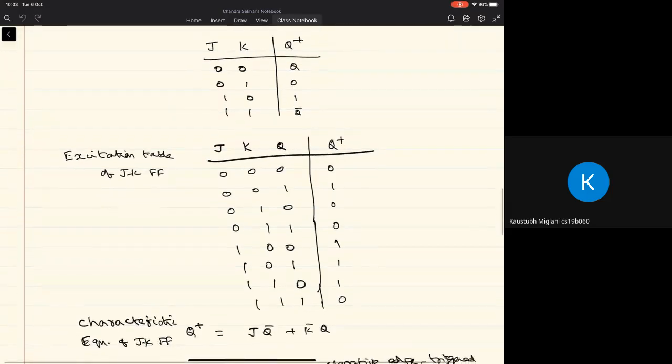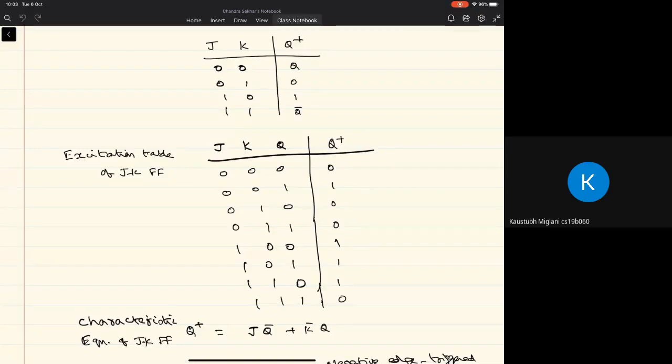Then we define what is called the excitation table, that states under what conditions the Q will change to some different value for the Q plus. So Q plus is a function of J, K and Q, that is, the external inputs J and K, and the current state of the flip-flop Q. This is derived from the previous table.